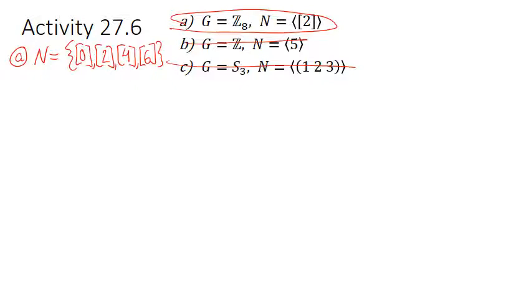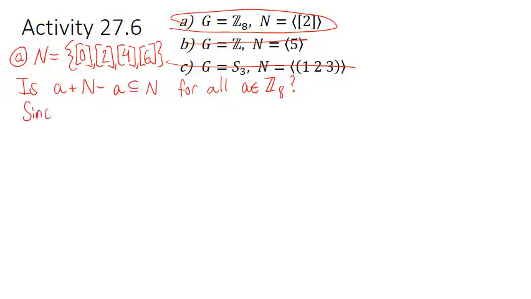So what we need to know is a plus N minus a is a subset of N for all a in the group. So this one is actually really easy because this group is abelian. Let me just say that.